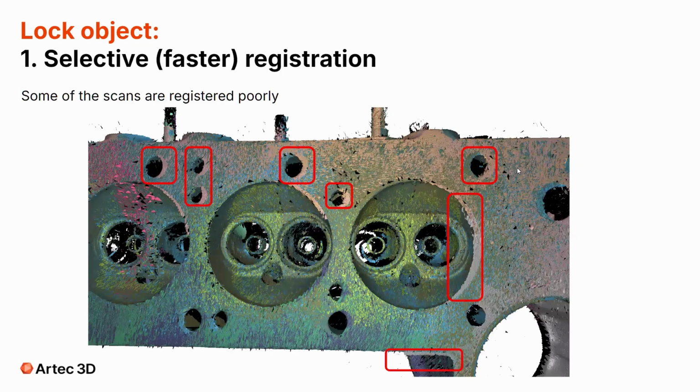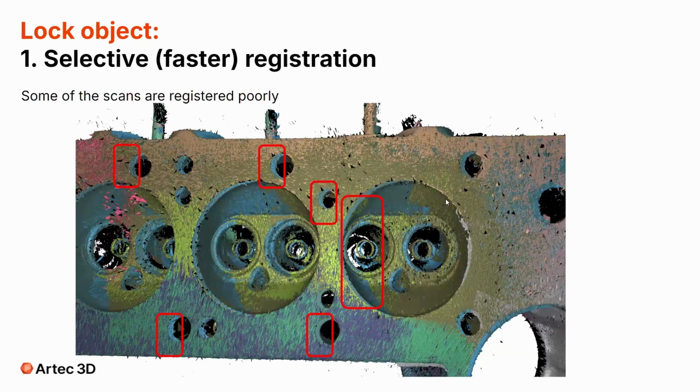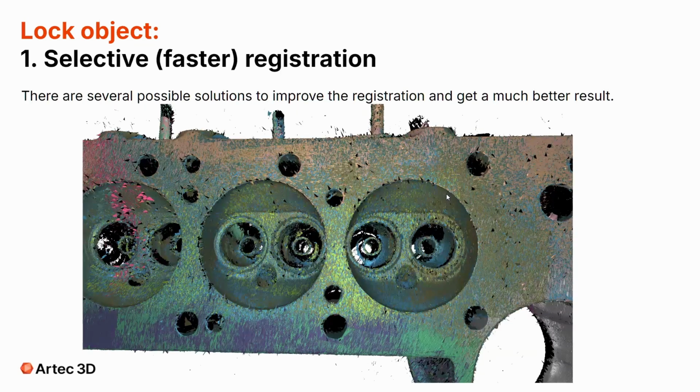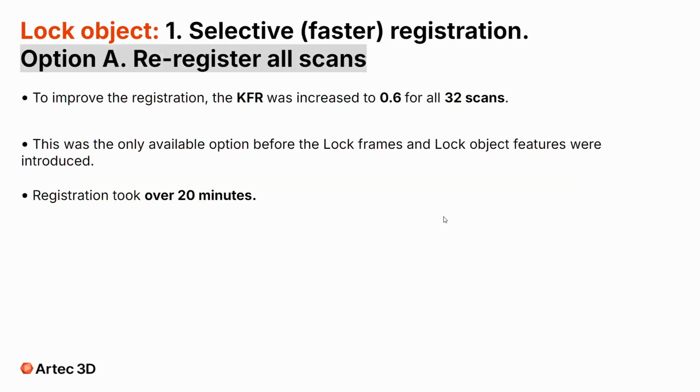As you can see on this slide, despite our best efforts, some of the scans have not registered fully, which would lead to errors in our final fusion if left uncorrected. There are several ways to improve the result. Over the next few slides, we're going to compare these different solutions to see which one provides the best balance of speed and precision.